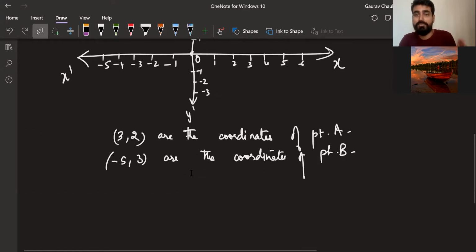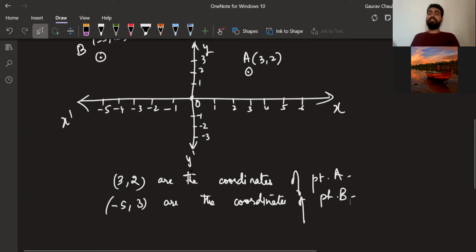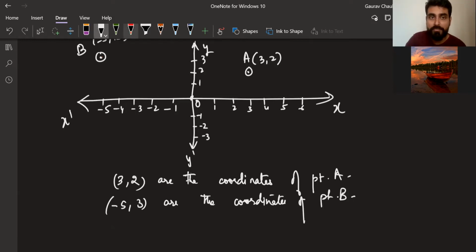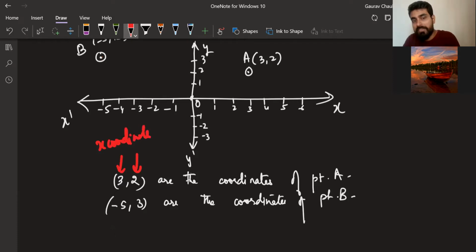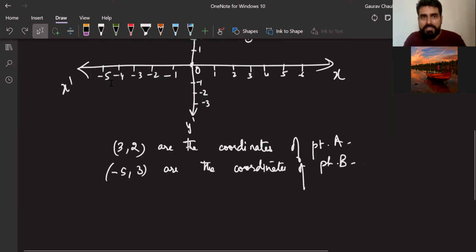So we say 3, 2 is a coordinate. Each point will have 2 coordinates. The first one is the x coordinate and the second one is the y coordinate, correct? We can just write it as x, y, okay?